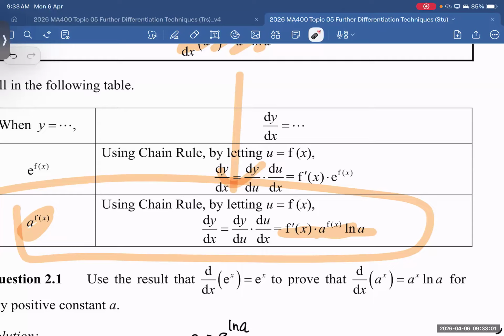2.1? One second. Still at 1.5? Anyone still on 1.5? Joshua, what question do you have? 1.4. Try to hurry up. Question 2.4.